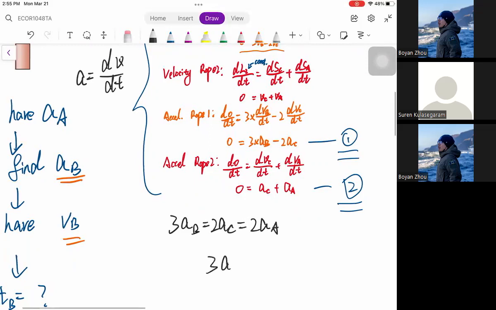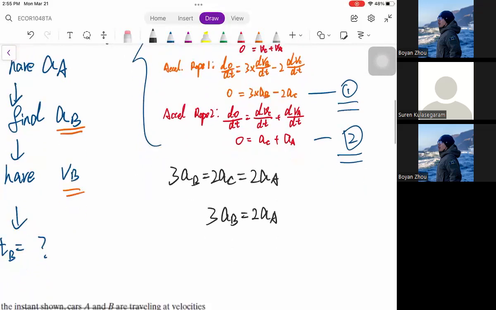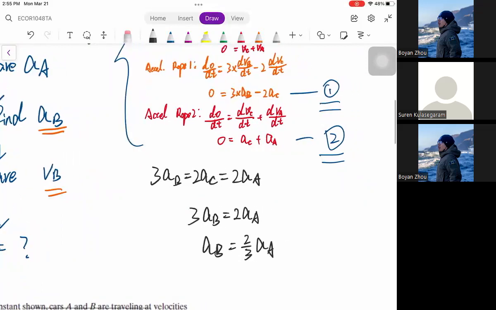So 3 times AB is equal to 2 times AA. Now we get AB is equal to 2/3 AA.